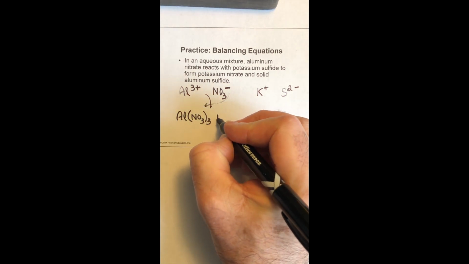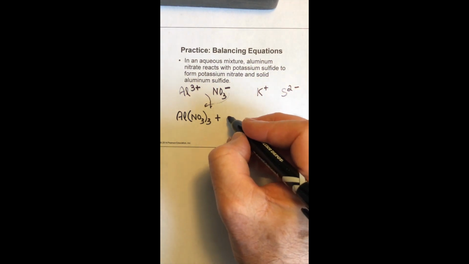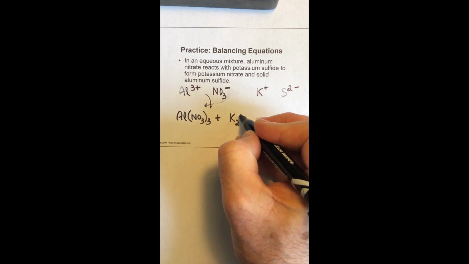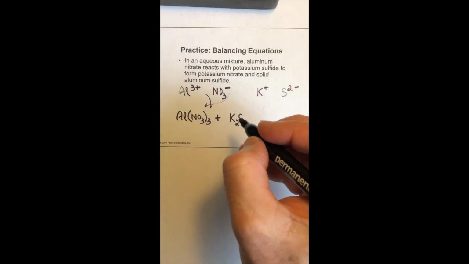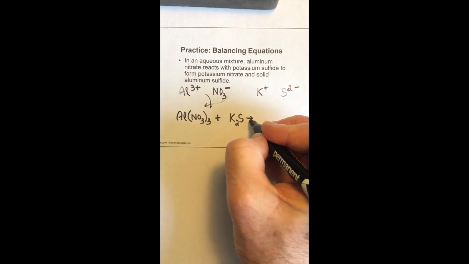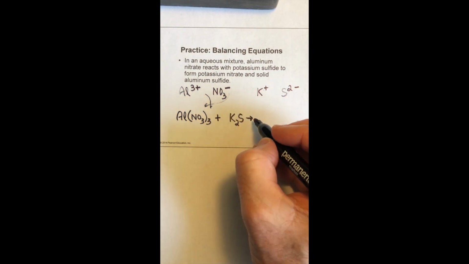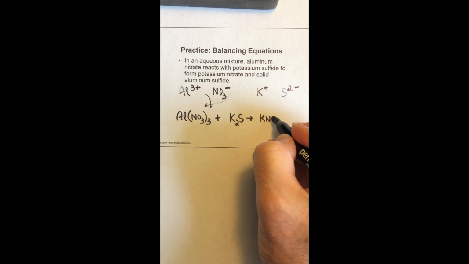And then we're going to have potassium sulfide. Again, we do the crossover, and we have K2S. Now let's look at our products. Our products are potassium nitrate, that's a 1-to-1 ratio, KNO3.